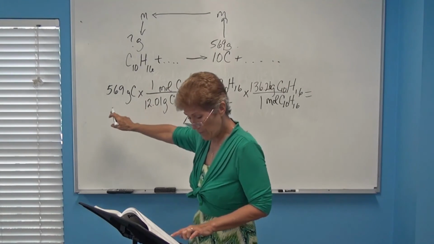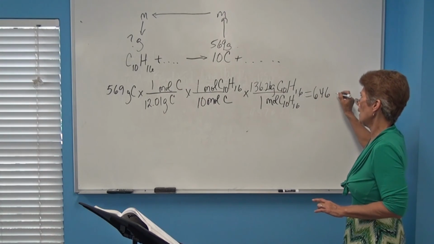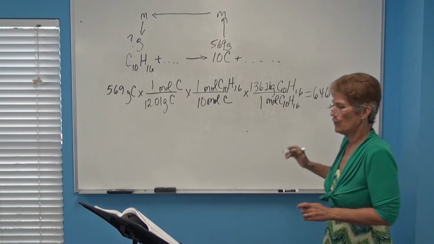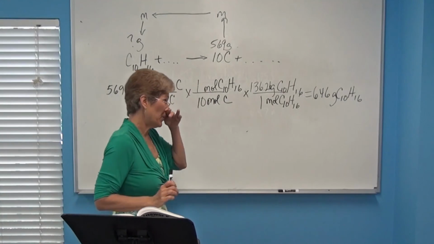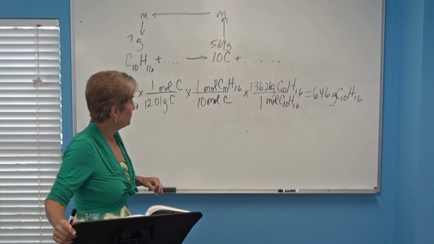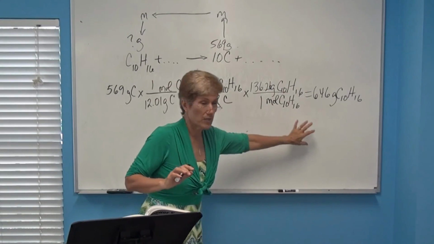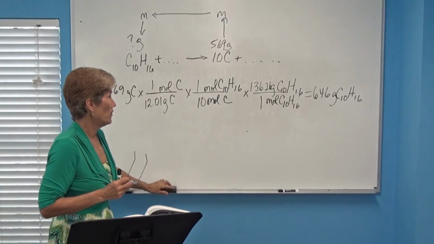We have 3 significant figures to start with, so our answer has to be in 3 significant figures. And so our answer is going to be 646 grams of turpentine. Each step is worth 3 points, so it's 9 points overall. And if your significant figures are off, take off a point.